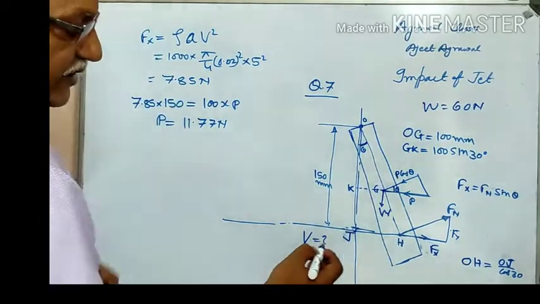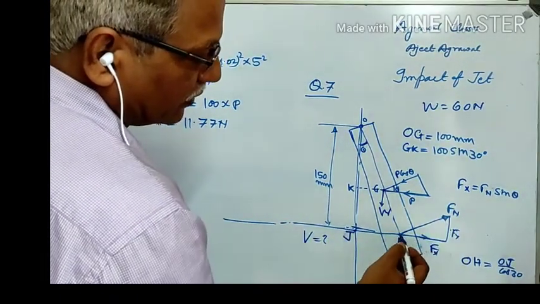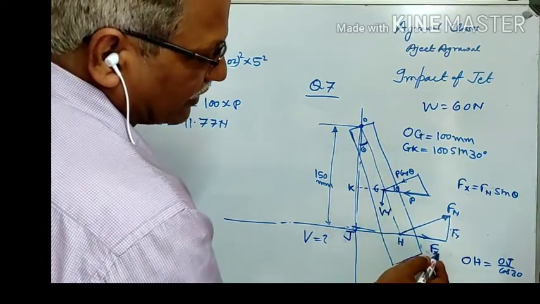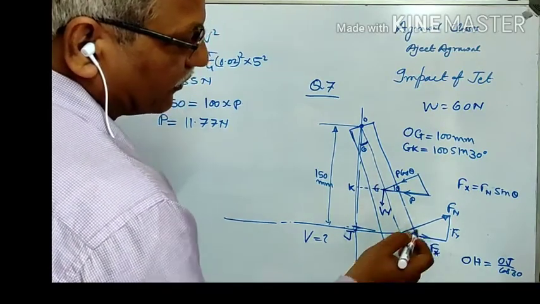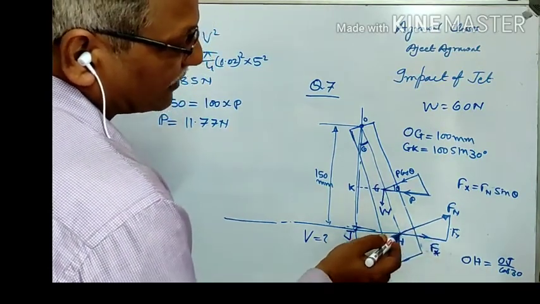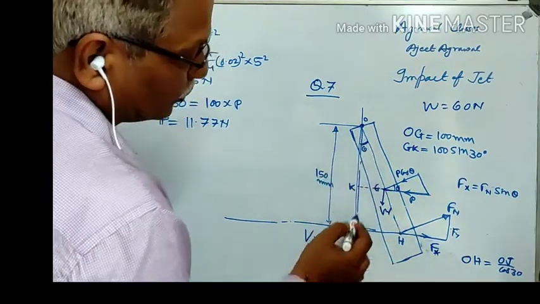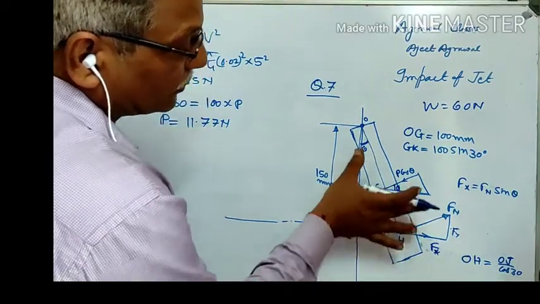The jet force perpendicular to the plate is Fn, and the x direction is Fx, but at present we are calculating the perpendicular force Fn. So Fn is acting at a distance of OH, that will be equal to OJ, that is 150 mm, divided by cos 30.